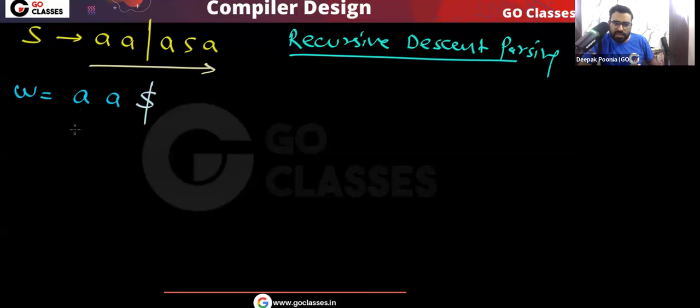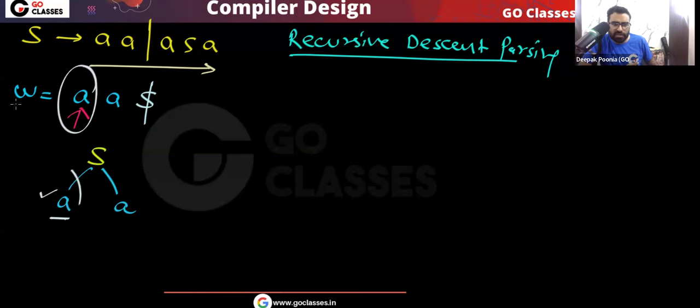Initially this is the current input symbol. We will start with the start variable because this is a variable. We will apply S productions in this order. So we will apply S going to a. You can see that this a is matching with this a, so I will put a small tick mark here, a local success I got.